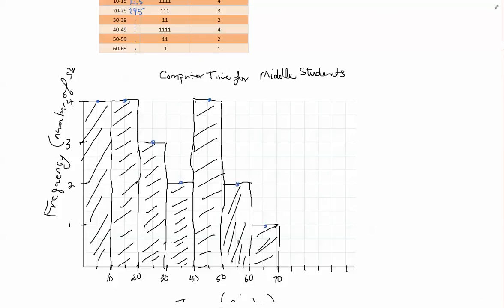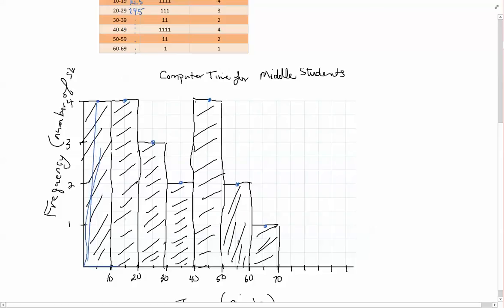So we plot the midpoint of the interval against the frequency, and then we join those points with straight lines. Always drawing straight lines is a challenge for me on this. So there's a blue line. Always start at 0 and go across to the first point.